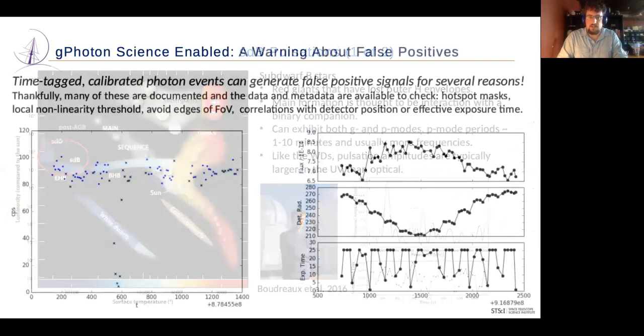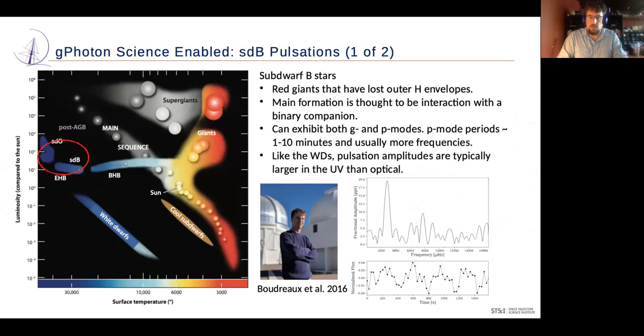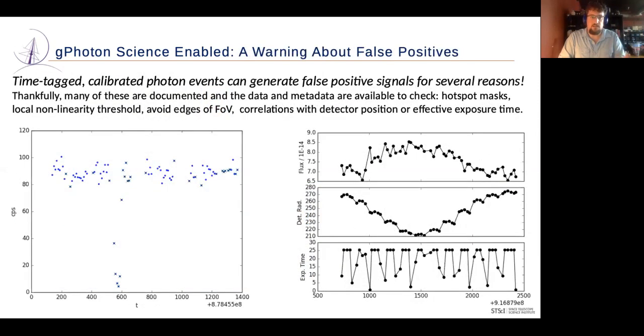And there's frequency analysis here. You see the lower curve is the gPhoton light curve, and to an untrained eye that can look like noise, but when you do the frequency analysis, which is what appears above it, it actually has a dominant peak frequency that is not an instrumental artifact. We do have instrumental artifacts that look like variability.